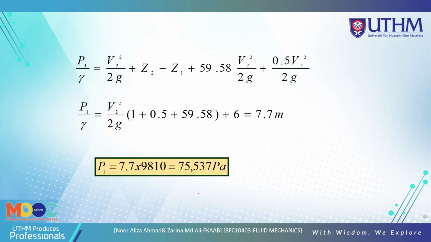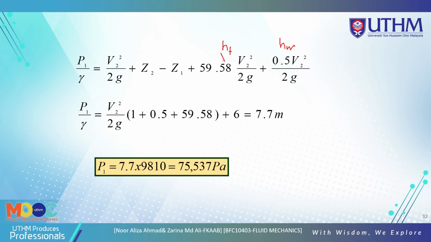So using the Bernoulli equation here, we only have P1 and V2. Just put all the values here: this is the HF and this is HM.